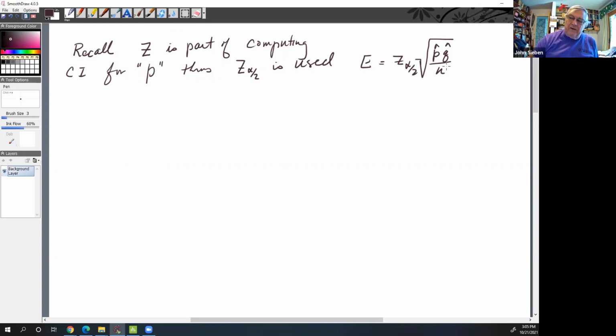What a coincidence that is. Just remember that if you can. This is the standard deviation of P hat. This is a Z alpha by 2.